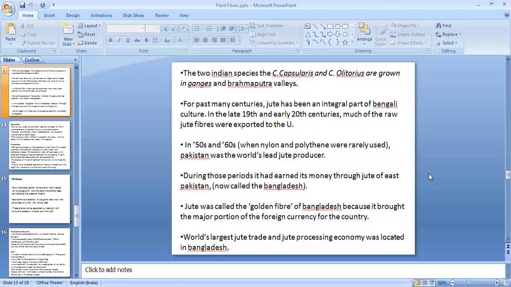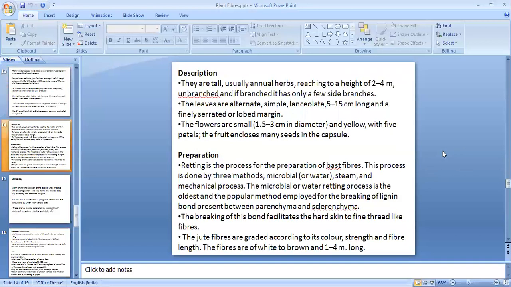That is now called Bangladesh. And this jute was called the golden fiber in Bangladesh because it was the major portion of the foreign currency for their country. And the world's largest jute trade and processing was located in Bangladesh. So that is the small history about this jute.